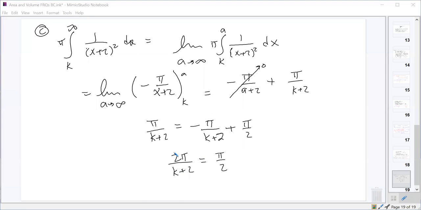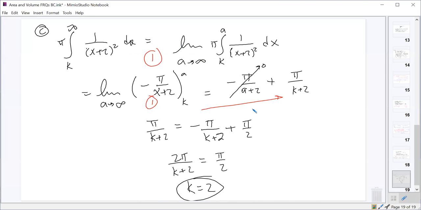We need 2 over something to be 1 over 2, so that means k needs to equal 2. So that would have gotten you all 4 points for sure. So 1 point for having the correct improper integral set up, doing this and the limit. 1 point for correctly anti-differentiating and finding the value over here. And then 1 point for setting up this equation, and 1 point for getting k equals 2.